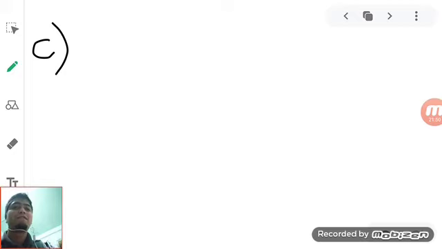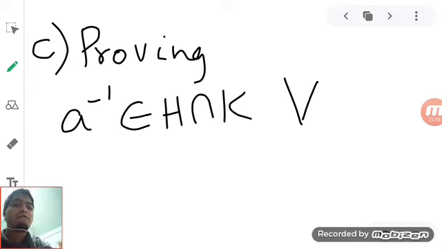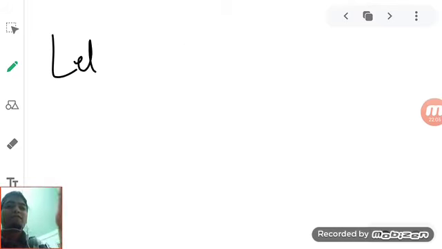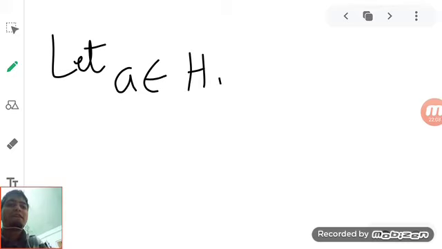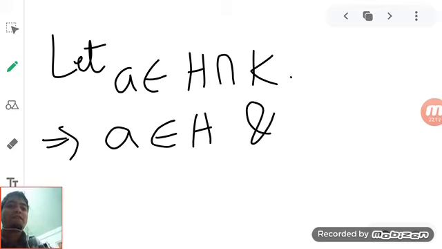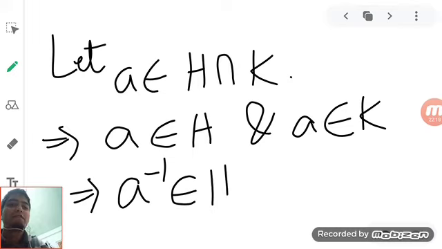Now we will do condition C, proving A inverse belongs to H intersection K for all A belongs to H intersection K. So how will we prove this? Let A belong to H intersection K. We will have A belongs to H and A belongs to K. Ultimately, we will have A inverse belongs to H because H is a subgroup.